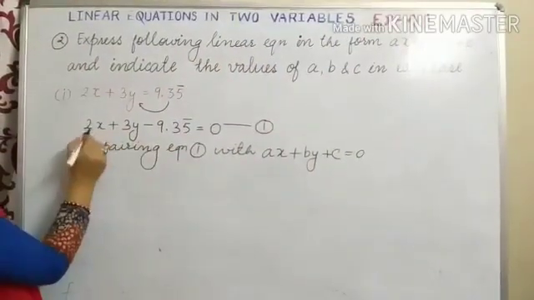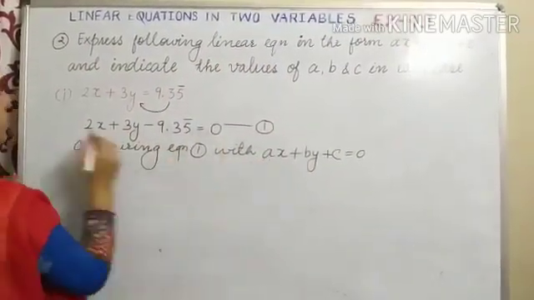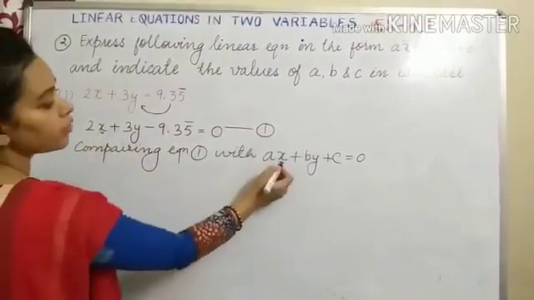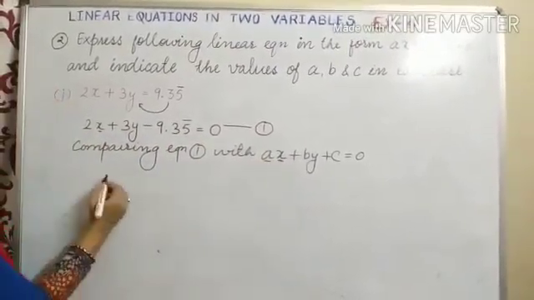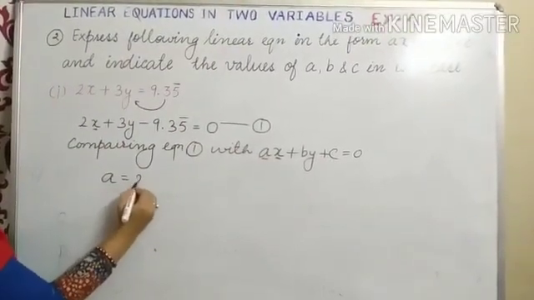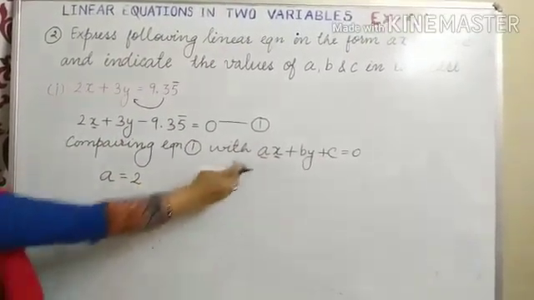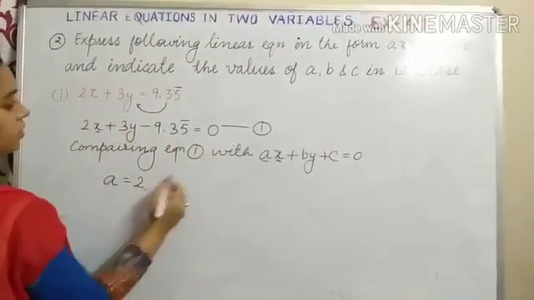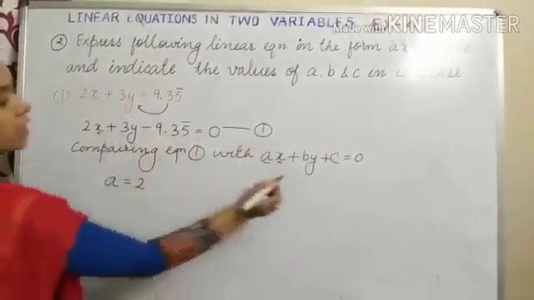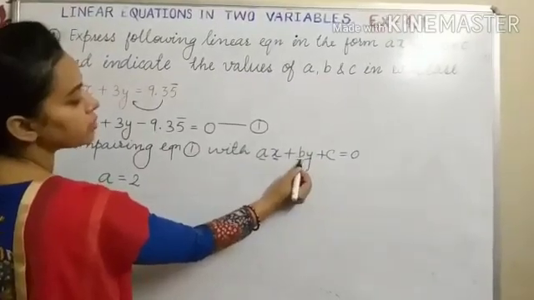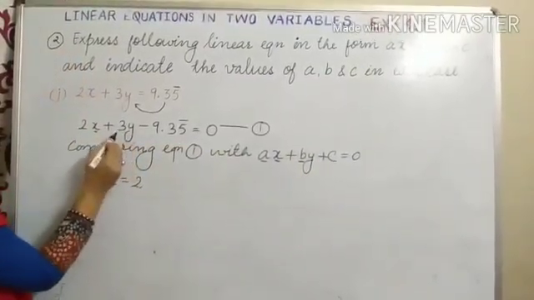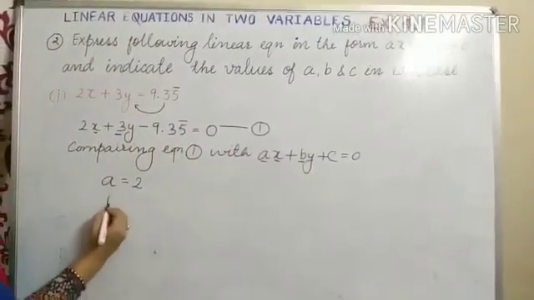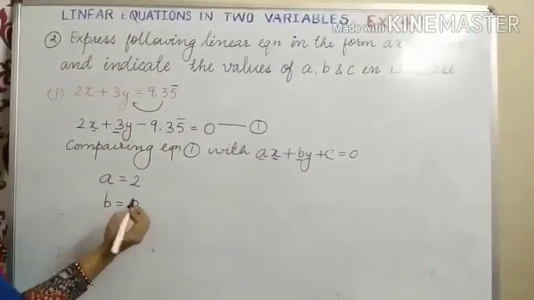Now we have to compare this equation with this. You can easily see that the coefficient of x here is 2 and the coefficient of x here is a. That means a is equal to 2. Then plus, and here the coefficient of y is b and here the coefficient of y is 3. That means b is equal to 3.